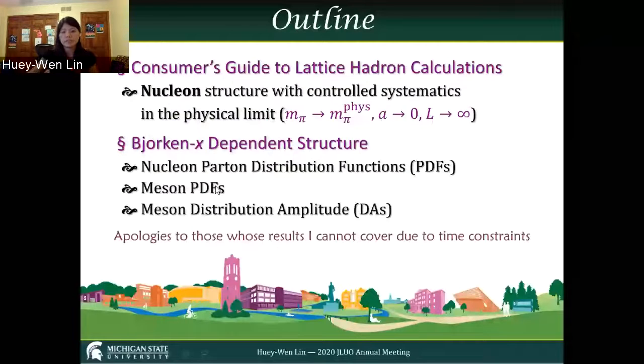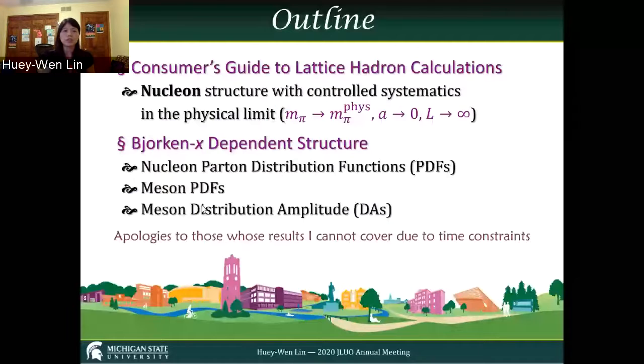Finally, if I can, I'd like to mention the meson distribution amplitude, which is related to the wave function and the origin of mass that people are really interested in at the EIC. I particularly want to focus on some of the latest technology, implementing machine learning to extract these distribution functions.